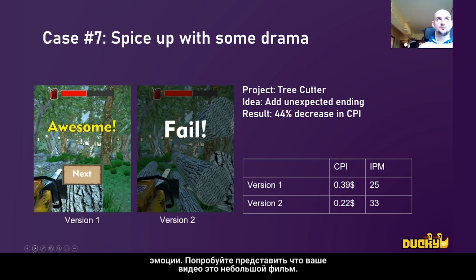So you might want to think about your video as a movie and have an interesting scenario added to it, something catchy, something that will make you remember this video, will make you say whoa at the end of the video. Like in our case, this was clearly unexpected, and this clearly changed the overall feeling for players.